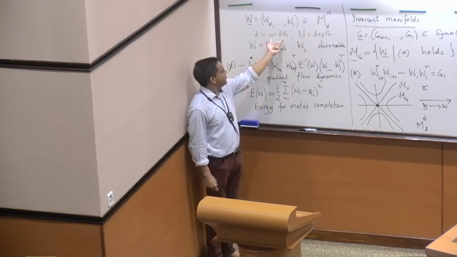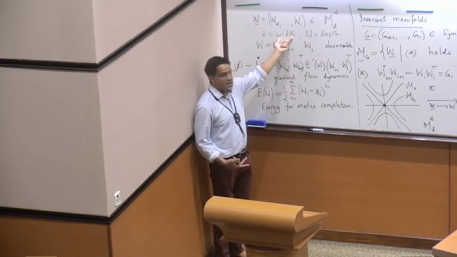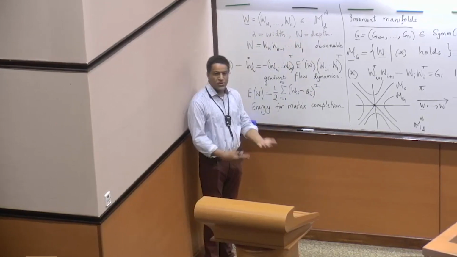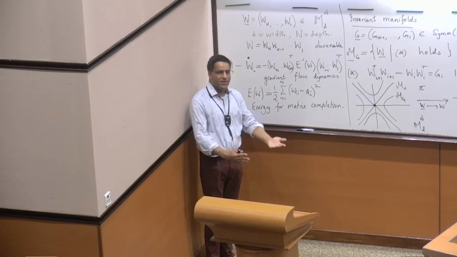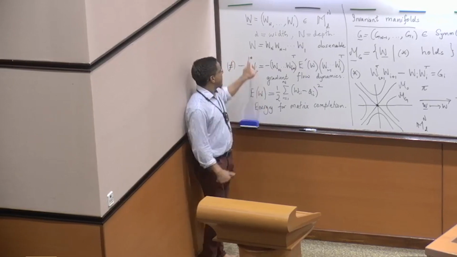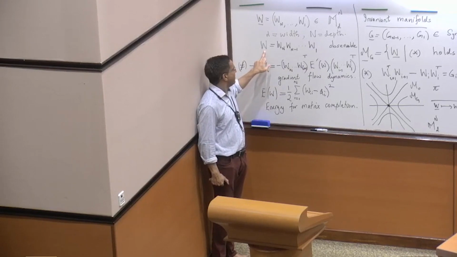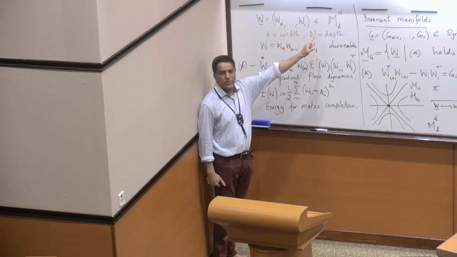These two parameters correspond respectively to the width and the depth of the network. The relation to deep learning is that what we're learning is a linear function. Our linear function is represented by this matrix W without an underscore, and this matrix W is a product of all of these matrices in the chain.